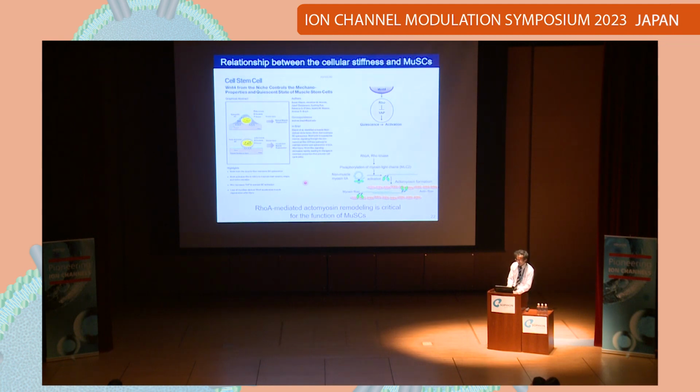So recently, a paper has revealed that the stiffness of muscle satellite cells is crucial for their functions under the control of a small GTPase called RhoA. So we hypothesized that RhoA signaling could be correlated with Piezo1.